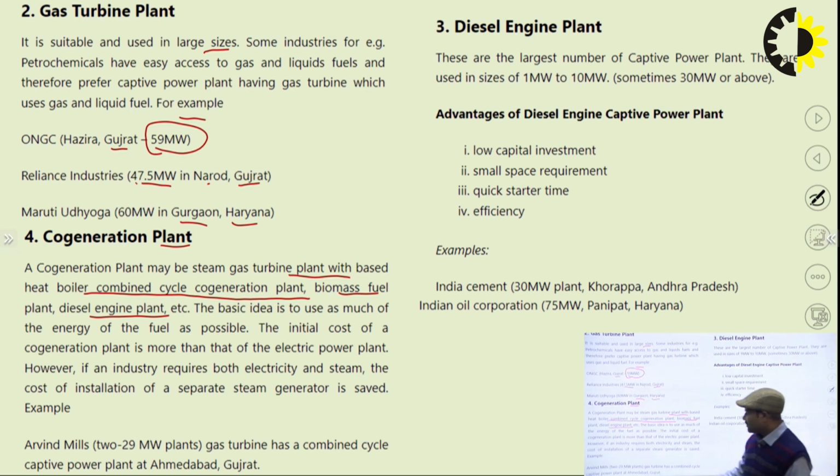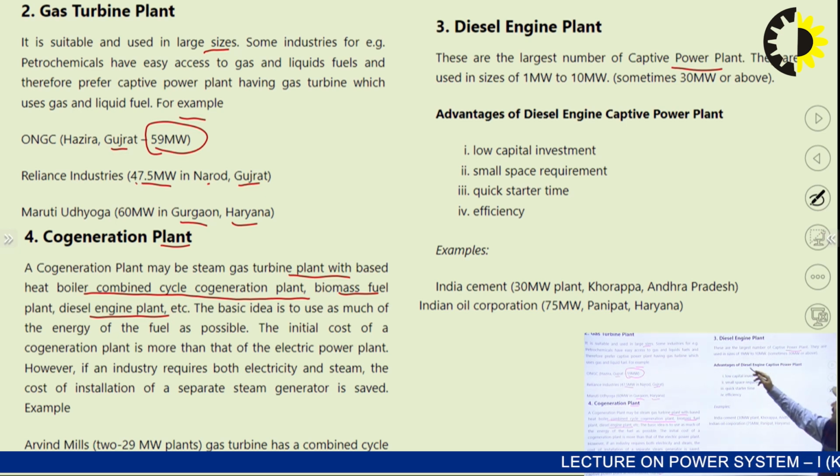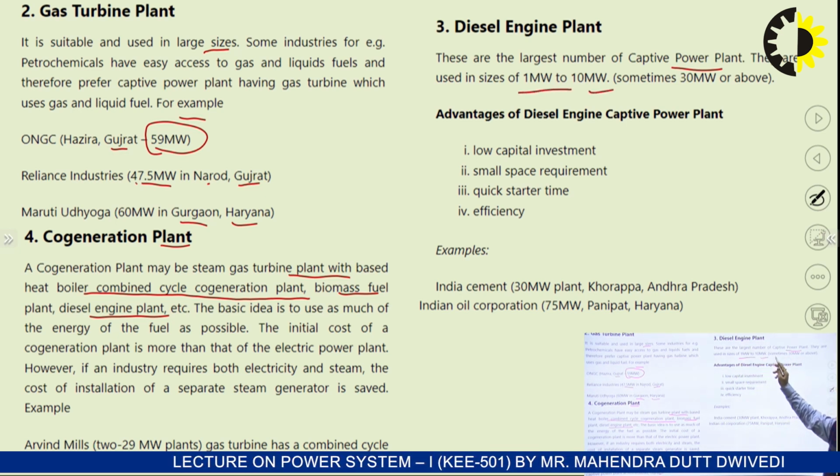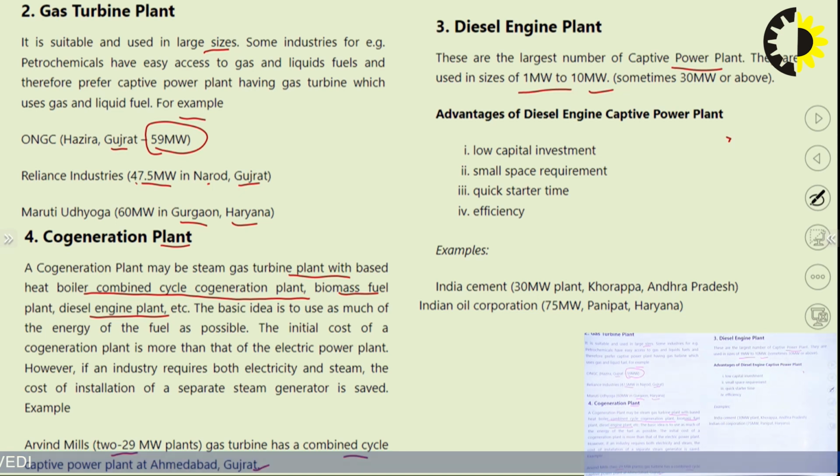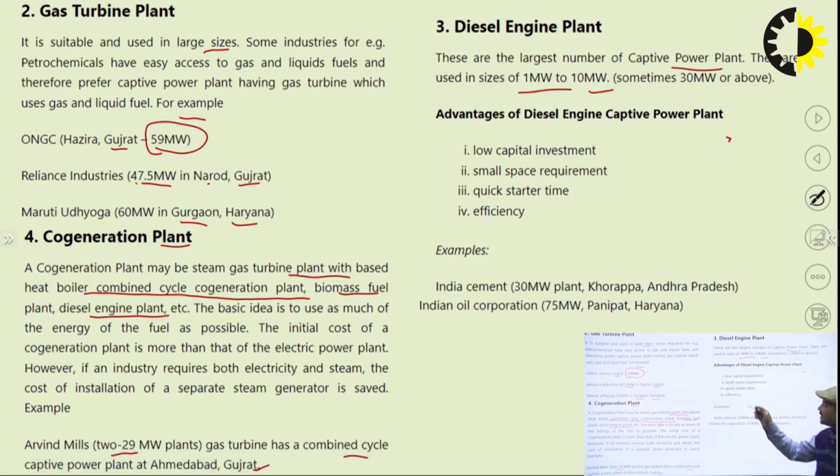So we can say Arvind Mills has a 229 megawatt gas turbine combined cycle captive power plant at Ahmedabad, Gujarat. Diesel engine plant. There is the largest number of captive power plants of this type. They are used in sizes of 1 megawatt to 10 megawatt, sometimes 30 megawatt or above. Advantages. What are the advantages? Advantages are low capital investment, small space required, quick start time and efficiency.